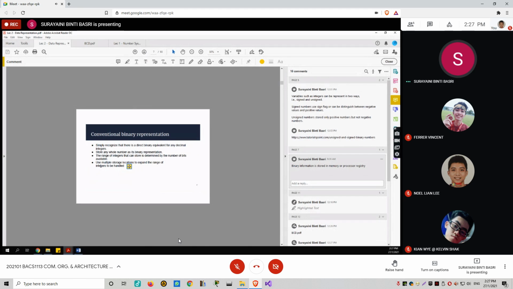After the decimal number is converted to binary representation, it will be stored in the processor. If you remember, in our processor there are different parts. One of them is the ALU, which we learned in your previous semester, and there is also the registry.